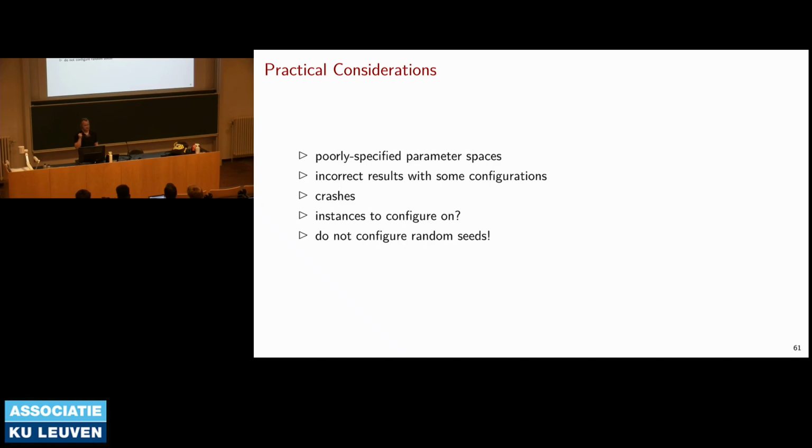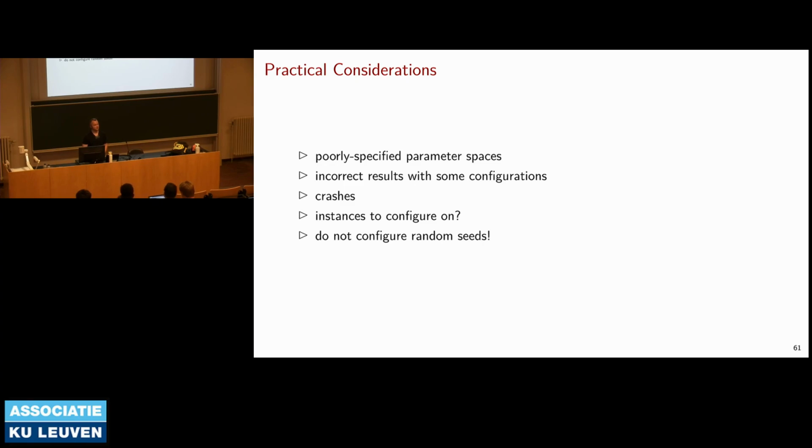Yeah, in practice, this is unfortunately not quite as easy as I just showed you, where we have this one-dimensional and really quite nicely behaved parameter space. Very often, we have poorly specified parameter spaces, and this is not necessarily in terms of it doesn't represent the actual parameter space, but with respect to things like there are parameter configurations that will give us incorrect results, and there are parameter configurations that will make the algorithm crash.